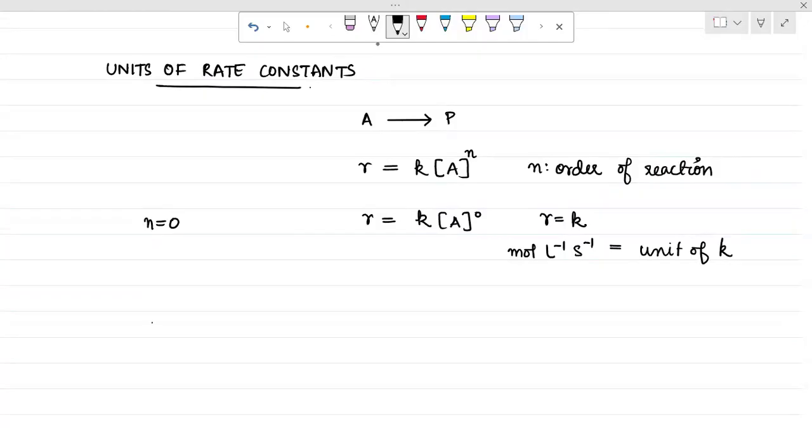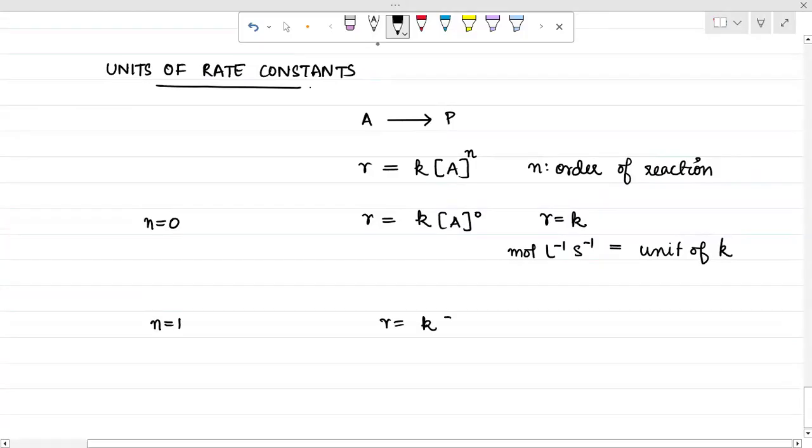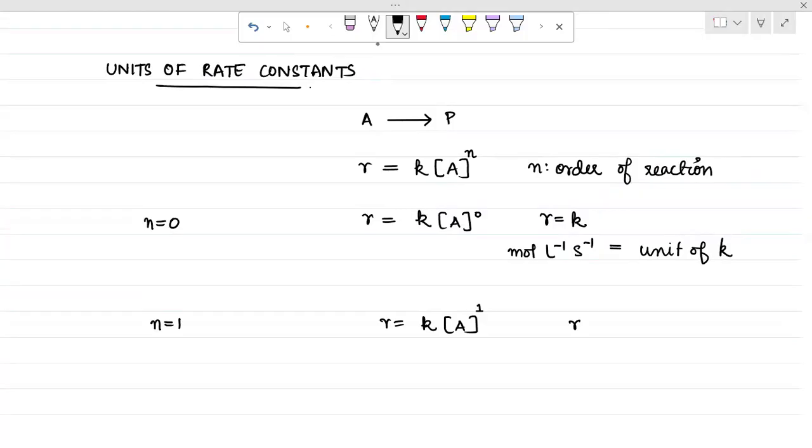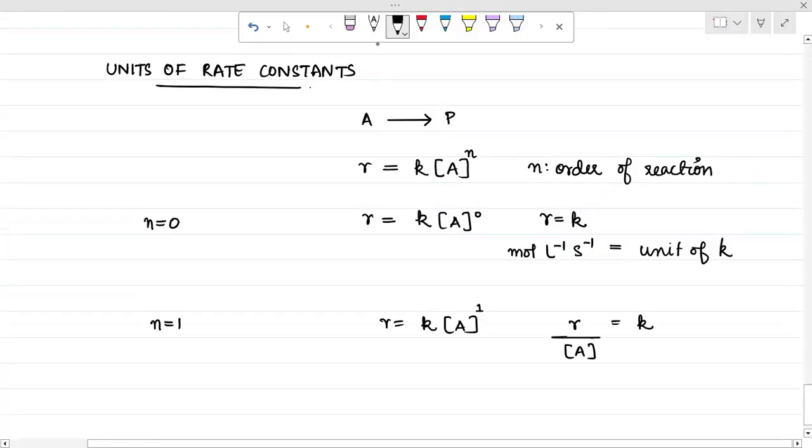What if n is equal to 1? So our expression will be R is equal to rate constant into concentration of A to the power 1. Upon rearranging, we get R by concentration of A is equal to rate constant.